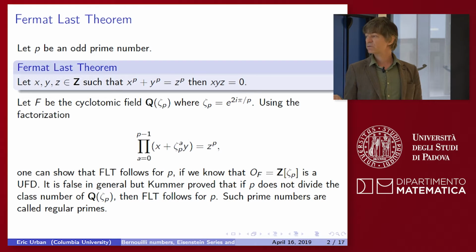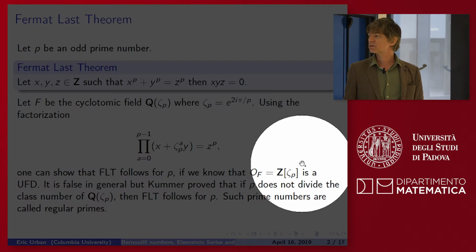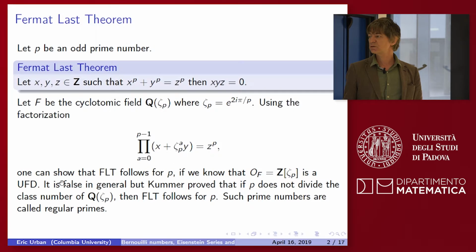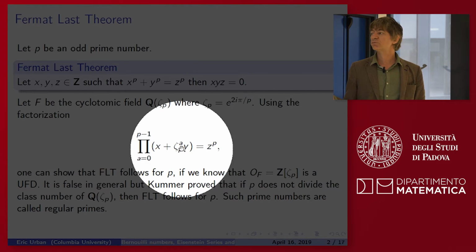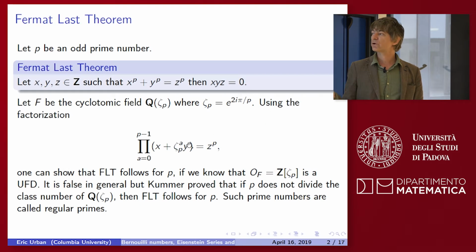If this was known, which means that this ring is a UFD, then in that case, using this factorization, you would find a proof of this theorem.